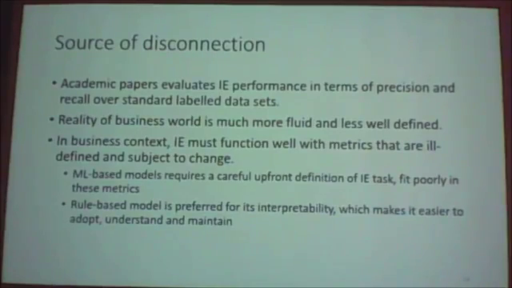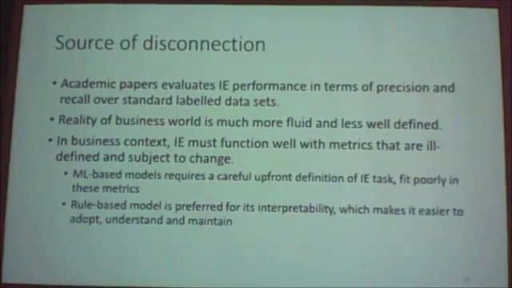Academic papers evaluate information extraction performance in terms of precision and recall over standard labeled data sets. However, in the reality of the business world, it's much more fluid and less well defined. In a business context, IE must function well with metrics that are ill-defined and subject to change, because every company has a different definition, even for a product.